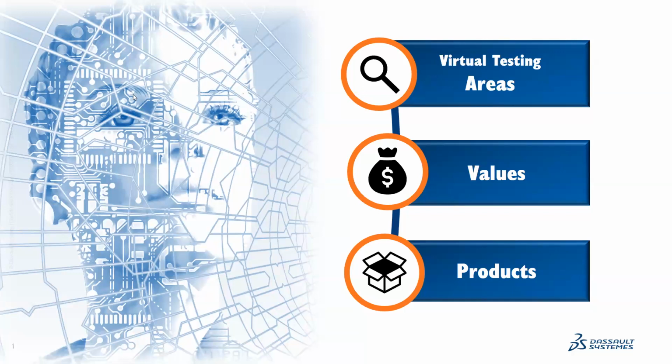Then we'll see some domains where we can use simulation, with some very nice examples, so it will be a little bit more concrete. And at the end, we'll see what solutions we have at Dassault Systèmes, what type of products we can offer you.